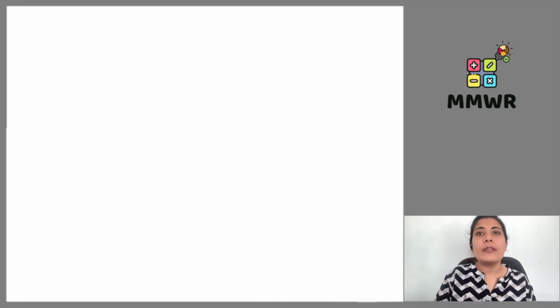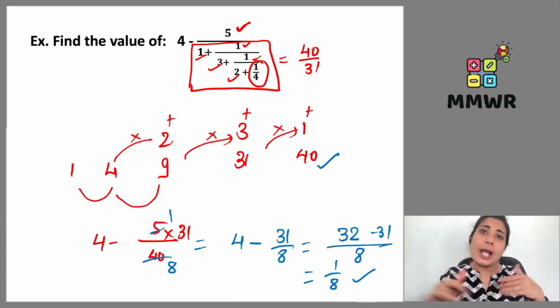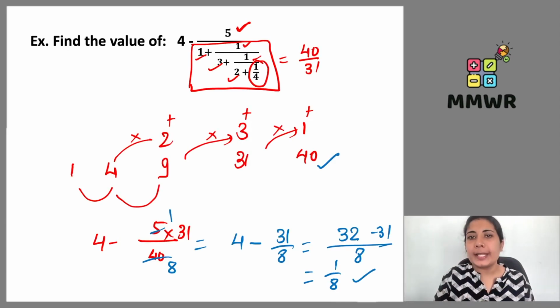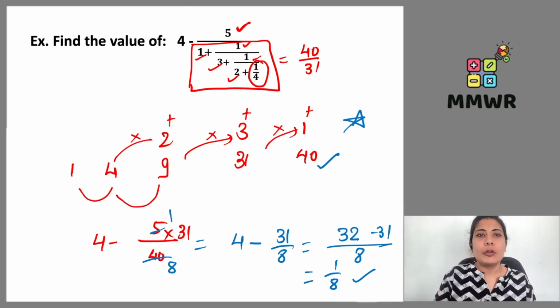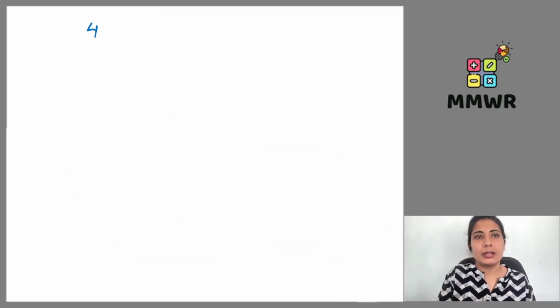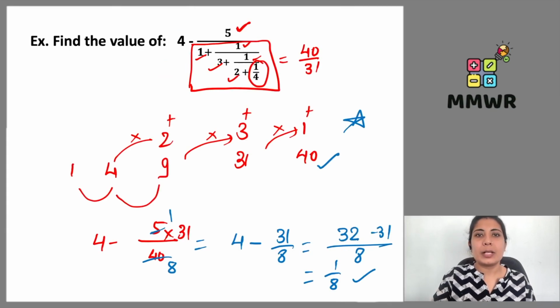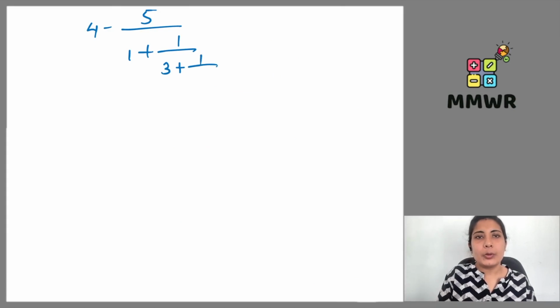I'll show you how we will be doing it. अगर पूरा एक साथ सॉल्व करना है, 4 को भी यहीं पर ही लिखकर सॉल्व करना है, what needs to be done. Okay, so the problem is 4 minus 5 upon 1 plus 1 upon 3 plus 1 upon 2 plus 1 upon 4.